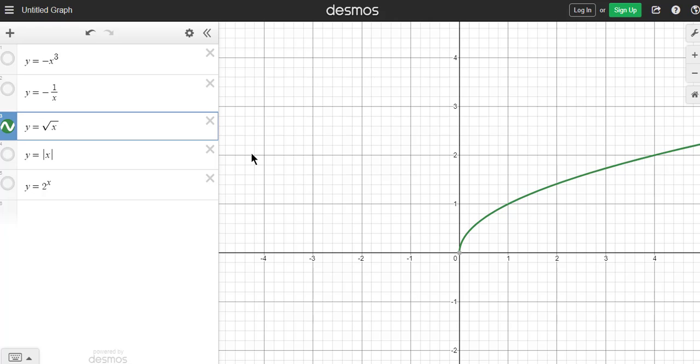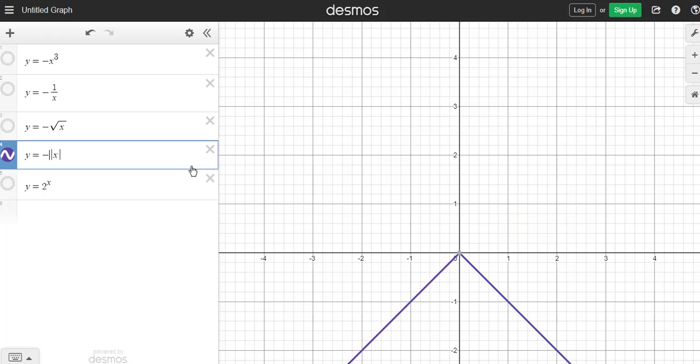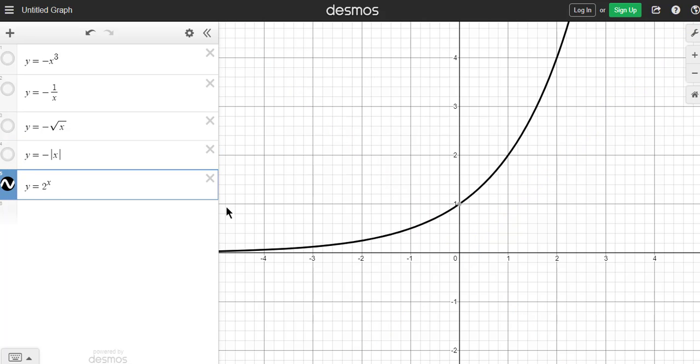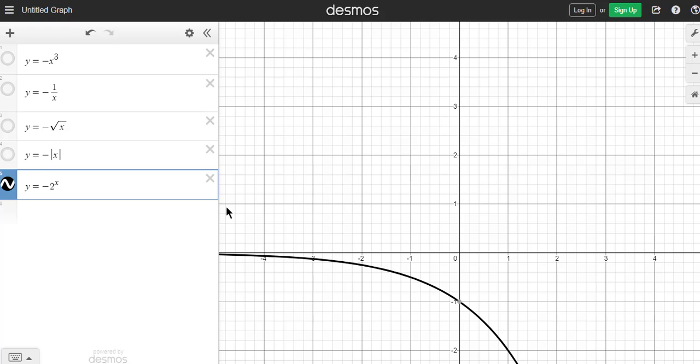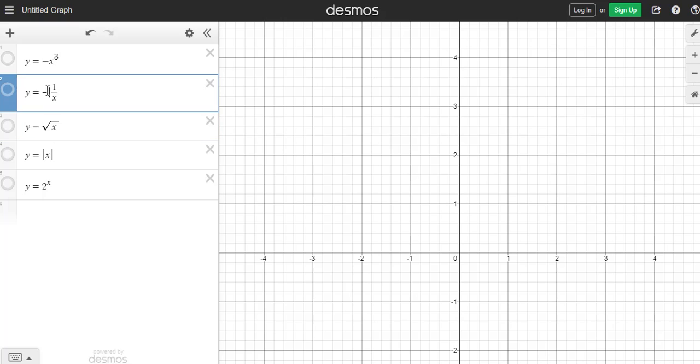Put a negative out front. How am I going to get an upside down V? Put a negative out front. How am I going to flop that exponential? Put a negative out front. You guys are on fire. You guys got this. Aren't you so proud of yourself?